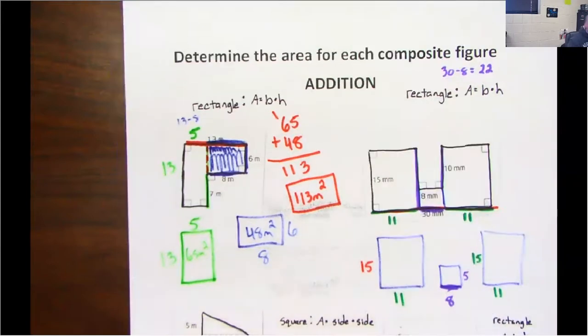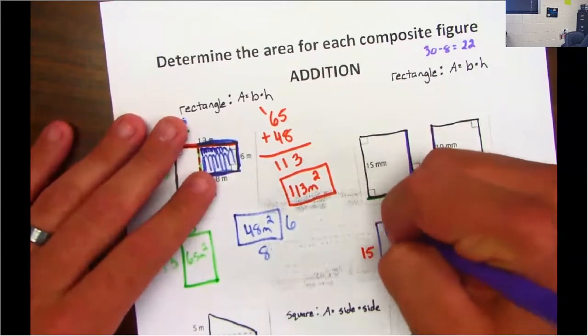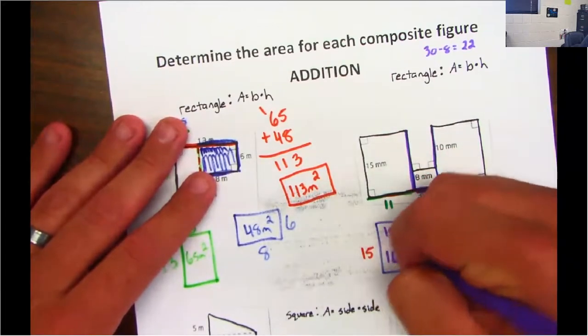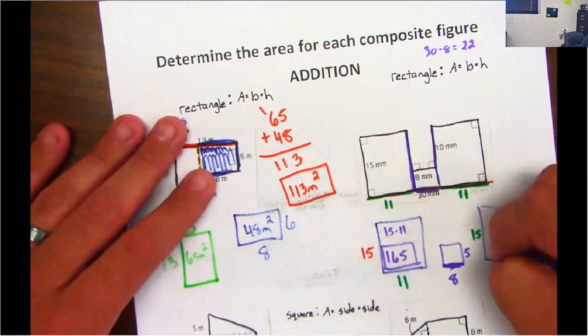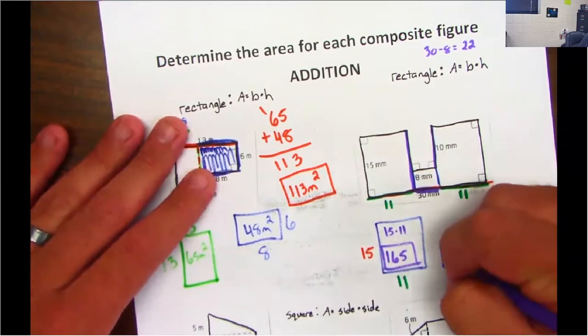So that piece there is 5. So now let's multiply to get our areas. So 15 times 11, well, that'll give you 165, which means this one is also 165. And right here, 8 times 5 is 40.